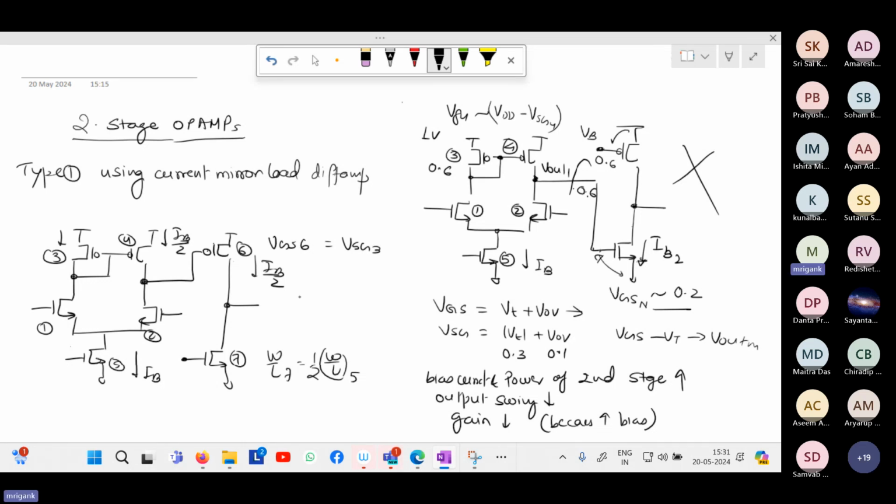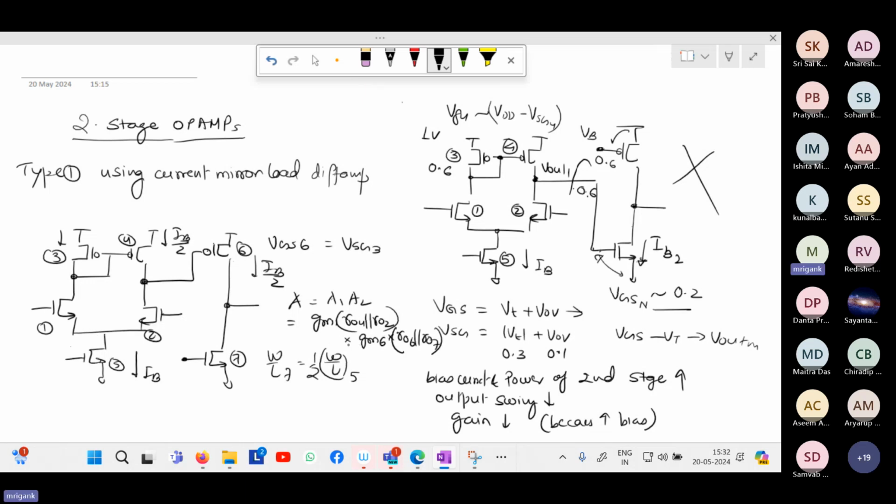Yes, so the overall gain will be A1 into A2. A1 we studied yesterday, which is equal to GM1 into RO4 parallel RO2 with a minus sign, multiplied by the second stage gain A2, which is minus GM6 into RO6 parallel RO7.